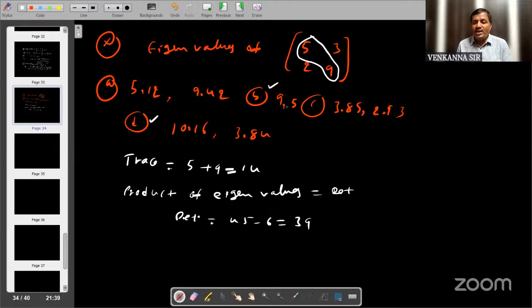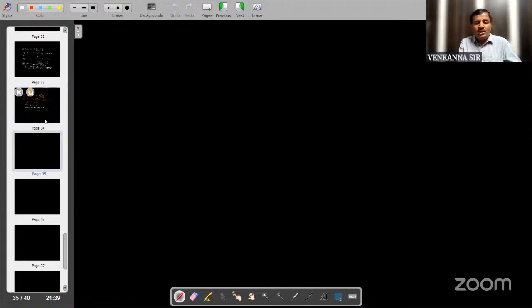If you take 9 into 5, it is 45, not 39. B is wrong. Only D is the correct answer. Two properties we are applying: sum of the eigenvalues is the trace, and product of the eigenvalues is the determinant. That question is clear to all of you? Any confusion, please clear.